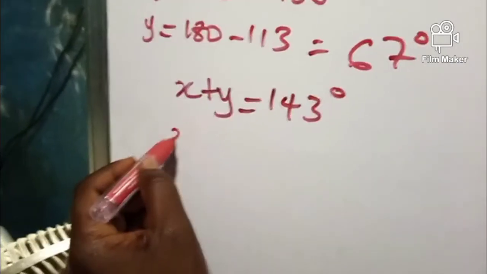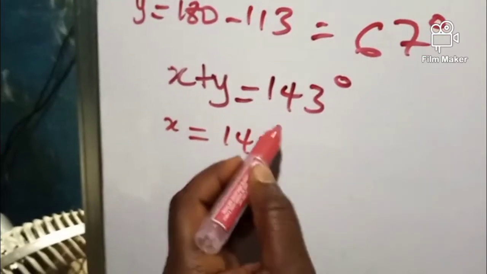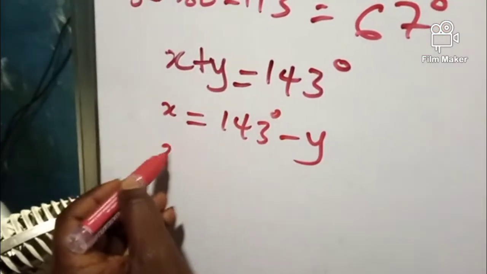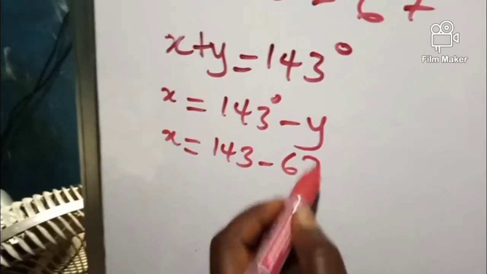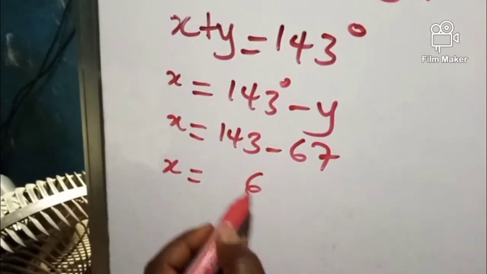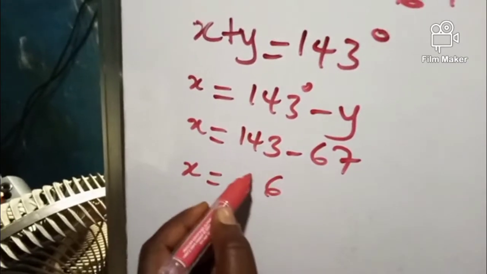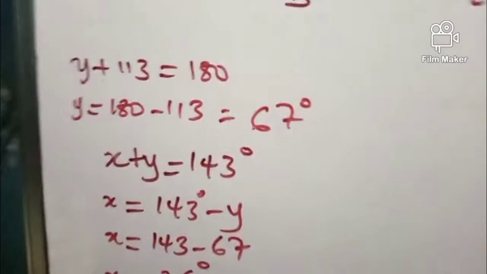Now, we are looking for the value of X. X will be equal to 143 degrees minus Y. X will now be equal to 143 minus 67, and that will give us 76 degrees. So it's as simple as that.